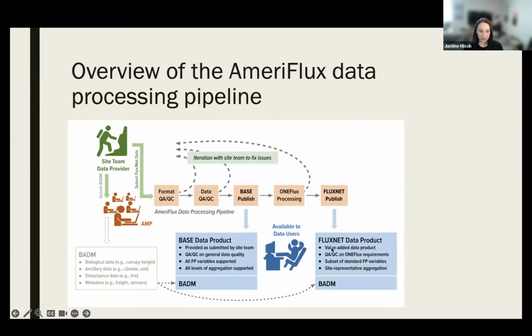So it does additional QA/QC things, and more gap filling, partitioning of flux data into respiration and GPP and that sort of thing. So let's see.